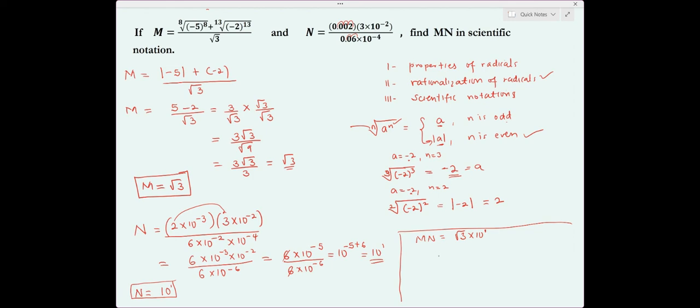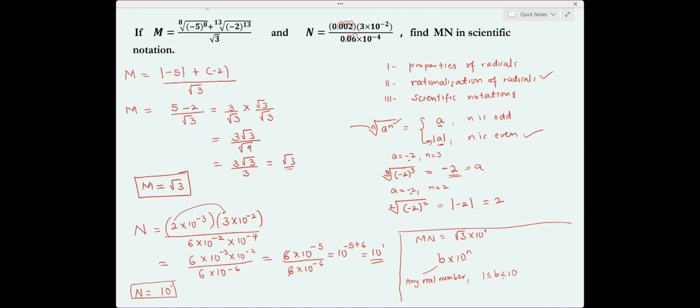So what is scientific notation? Any number you can write in the form of b times 10 raised to power n, where b is any real number, right? And not just that, but there is a condition. This b should be between 1 and 10.